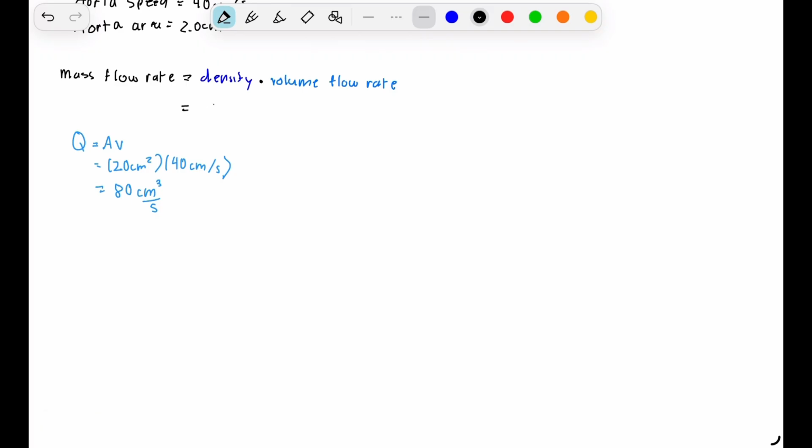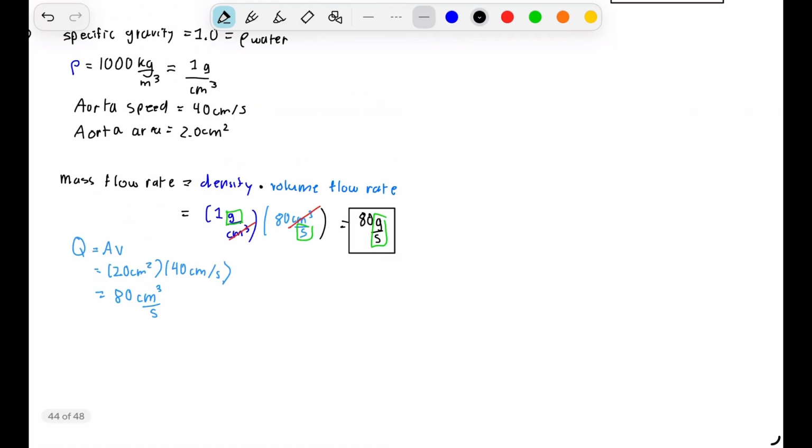So we have our density as 1 gram per centimeter cubed, and we can multiply that by the volume flow rate, which is 80 centimeters cubed per second, and this is going to give us 80 grams per second, because you can see that centimeters cubed there cancels out, and we're left with the units of grams per second right there. So 80 grams per second is our answer.